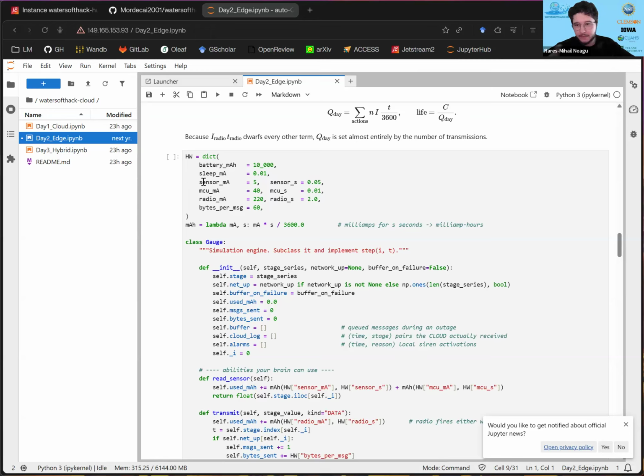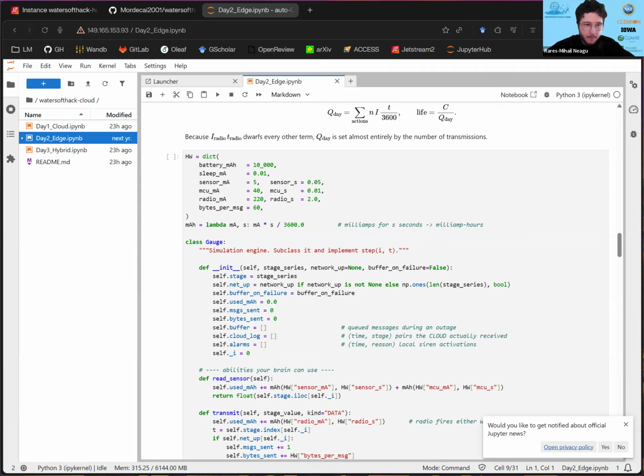SENSOR_MA is the same thing, but when we're sensing. SENSOR_S is the sampling frequency. MCU_MA is the thinking current, and MCU_S is how many times per second we're thinking or calculating. Same with RADIO_MA and RADIO_S.